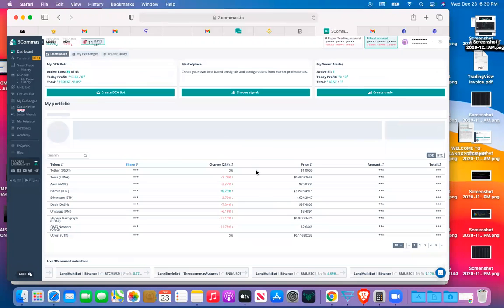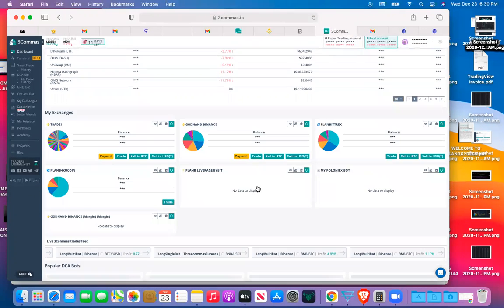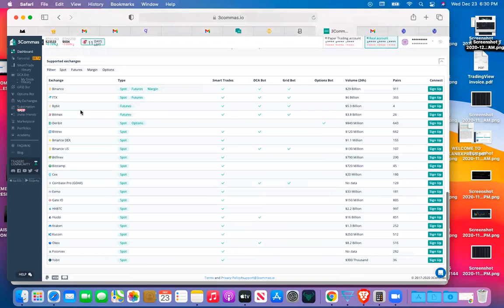you have many exchange platforms that can be connected. So you have Binance, FTX, Bybit, for some of us who trade margin trading and futures trading. It's going to show you futures that can be used on those exchange platforms. It's just telling you if you do not have an account, you can sign up.